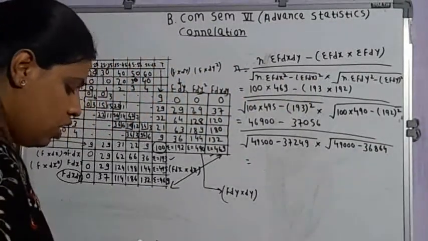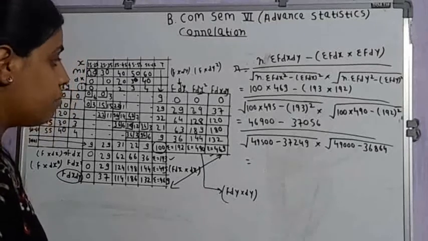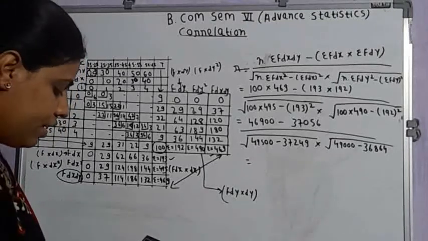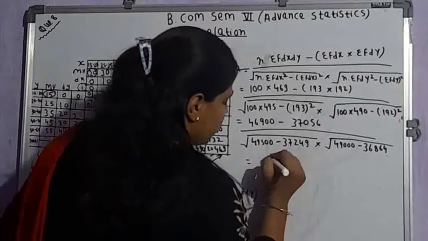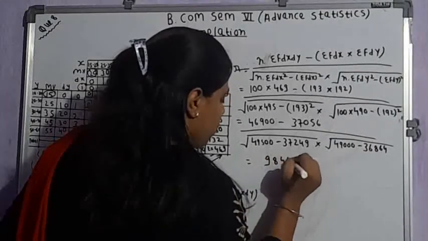So 46,900 minus 37,056 would be equal to 9,844. Okay.